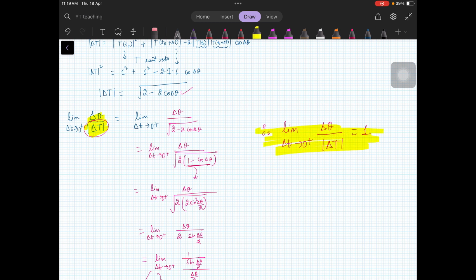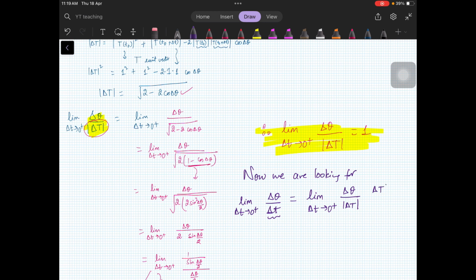Right? Now we are looking for this quantity here. We want it with respect to time. So now we are looking for limit del t going to 0 from positive side of del theta by del t. So this would be equal to limit del t going to 0 from positive side, I am introducing this, del theta upon modulus of del t upon del t. Now what is this quantity?